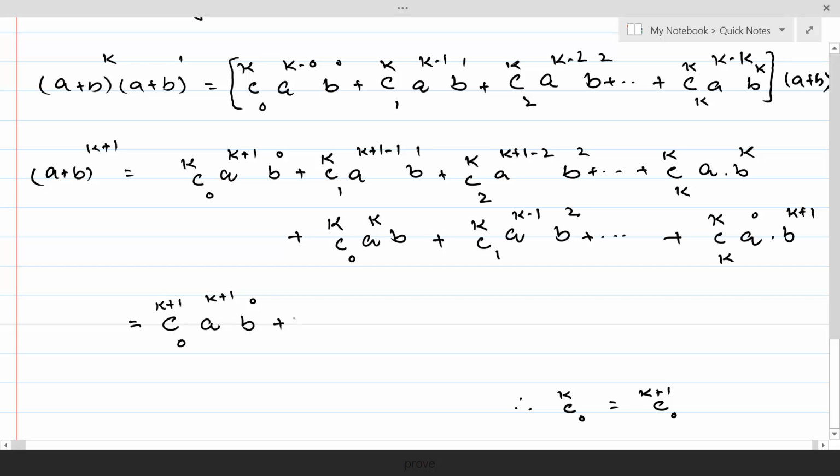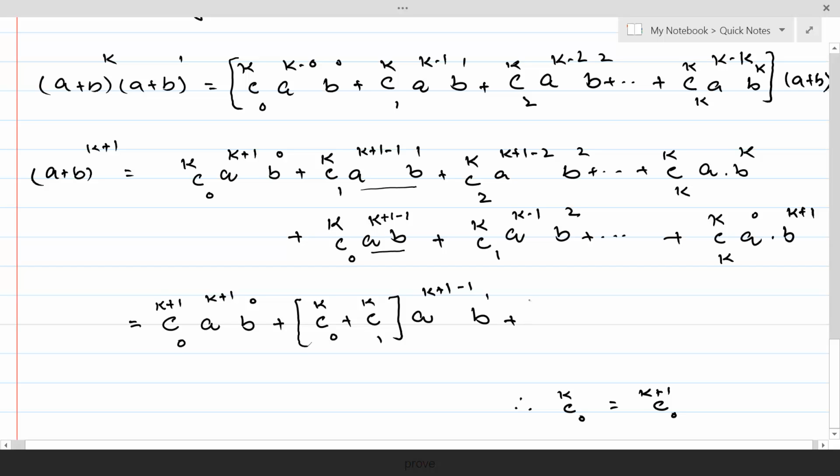Plus, now we can take common a^k b. This is a^k b and this is also a^k b. So we can also write this as a^(k plus 1 minus 1). This is essentially the same as in the first part. Leaving that outside, this would be kC0 plus kC1 as coefficient, and here we will have a^(k plus 1 minus 1) and b^1.